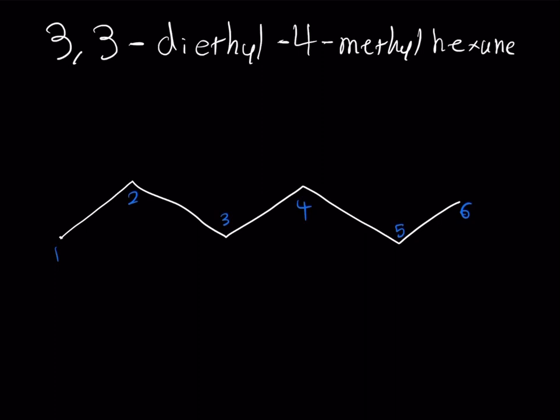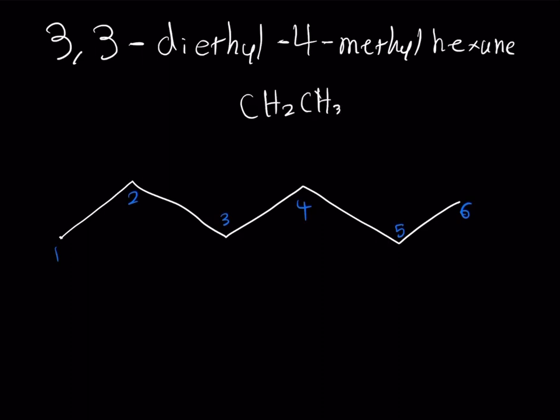Then based on the numbers given and the name of the substituent, we could actually draw the substituent. It says 3,3. That means we have 2 things on carbon 3, and it's going to be a diethyl. Diethyl means 2 ethyls. An ethyl is a CH2, CH3.